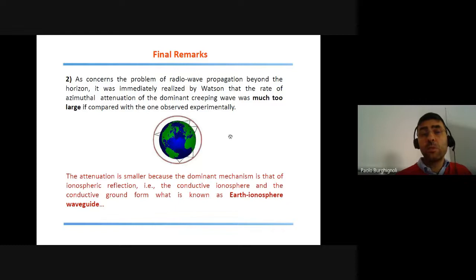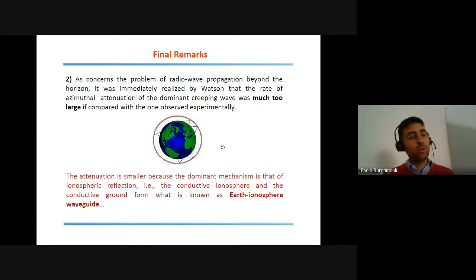That is a sort of spherical waveguide, which is also known in the literature as the Earth ionosphere waveguide. And for this reason, the attenuation is much less than the one associated with creeping waves, because it's the attenuation typical of a waveguide that exists only because of losses inside of the media.